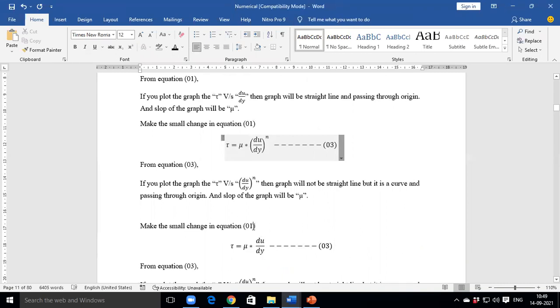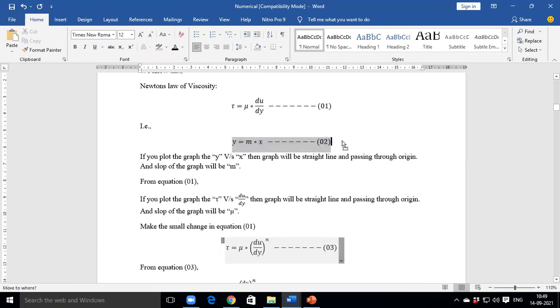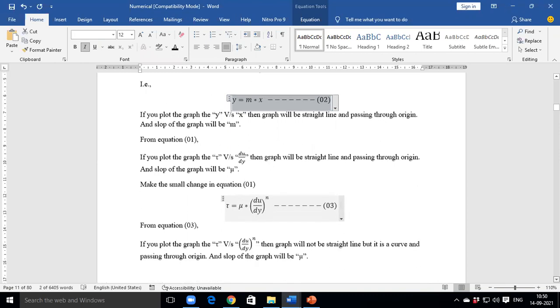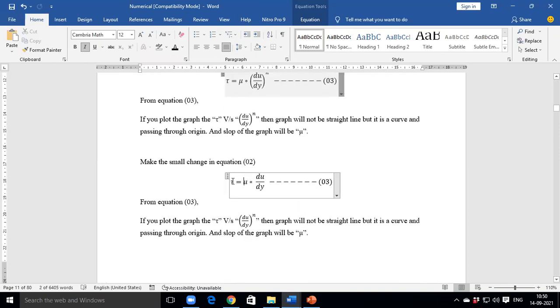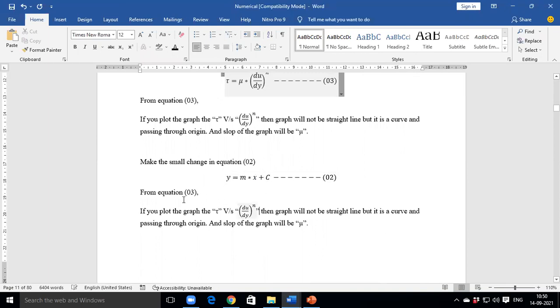Yes, sir. I will take this as equation number 2. Make the small change in equation number 2. Equation 2 is this one. If we make the small change in equation number 2, that is plus C, we can call it equation number 4.